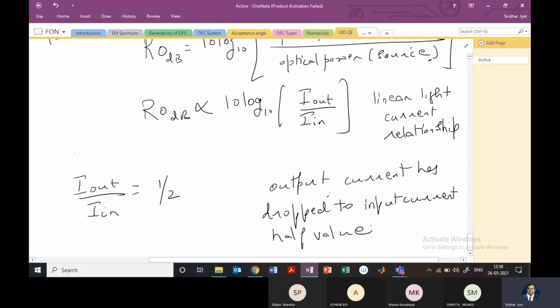In the electrical domain, this was the 1 by root 2 value, whereas in the optical domain, this is just the half value.